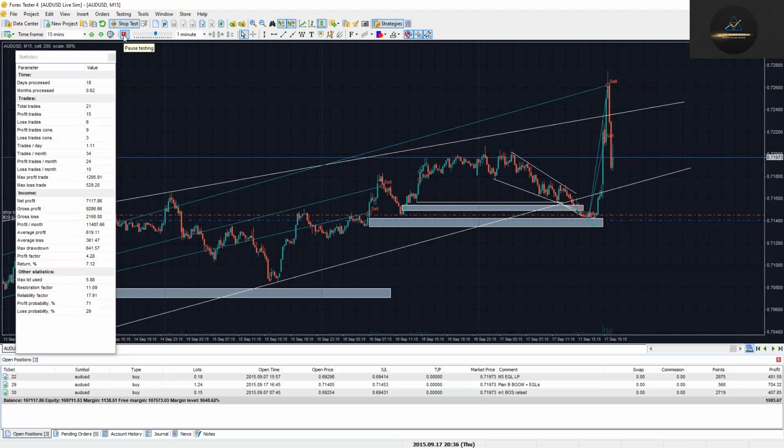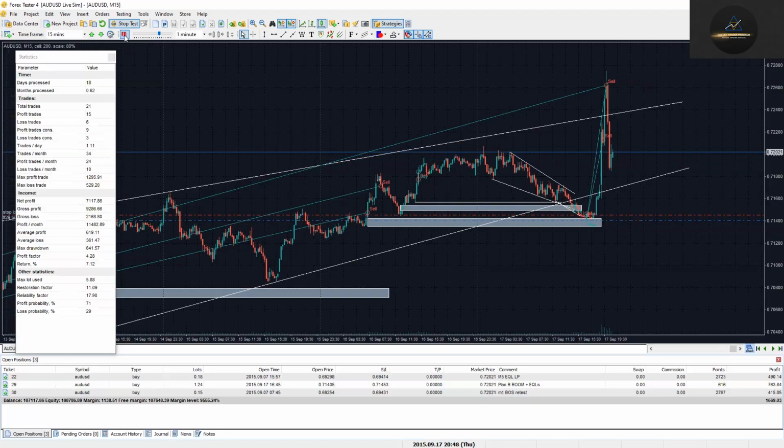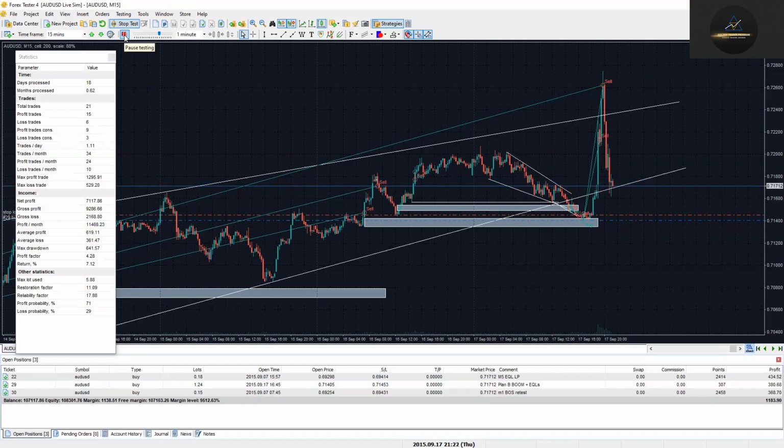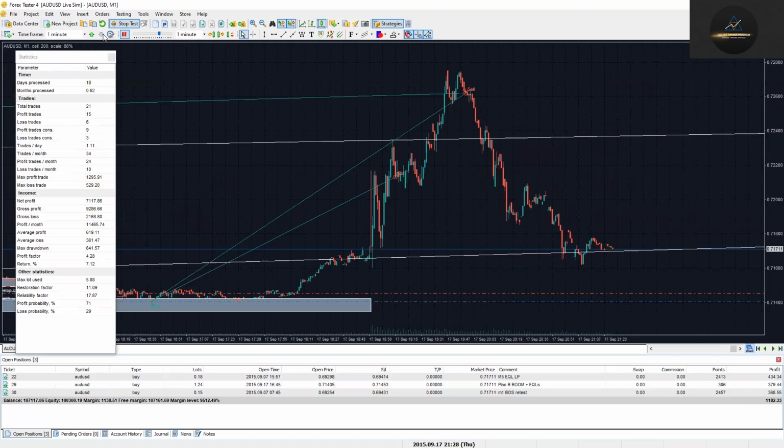I'm not going to scale into this one. I'm just going to let it do its thing, because this is a wild stallion right now. This is where I'm expecting it to reverse from. Let's zoom in and see if there's a pattern on the 1 minute. Maybe.